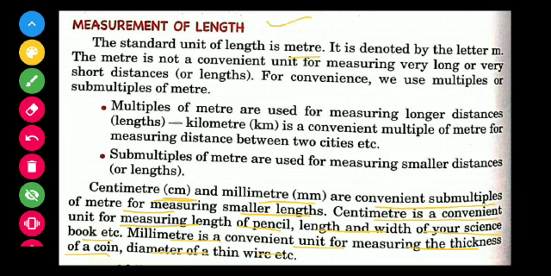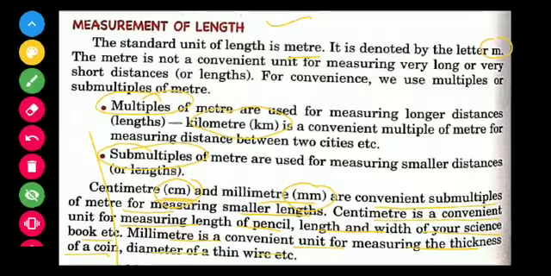The SI unit of length is meter, and we use multiples and submultiples for measurement. For large measurement we use multiples, for example kilometer, and for small measurement we use submultiples, for example centimeter and millimeter, for the length of a pencil or a book.